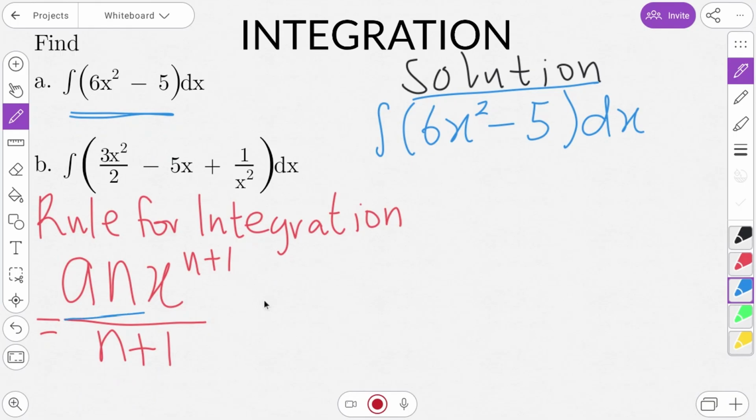Okay, so now with the first step, we will take 6x squared and we are going to add 1 to the exponent, which is 2. The exponent is 2, so we are going to get 6x squared plus 1 all over 2 plus 1.